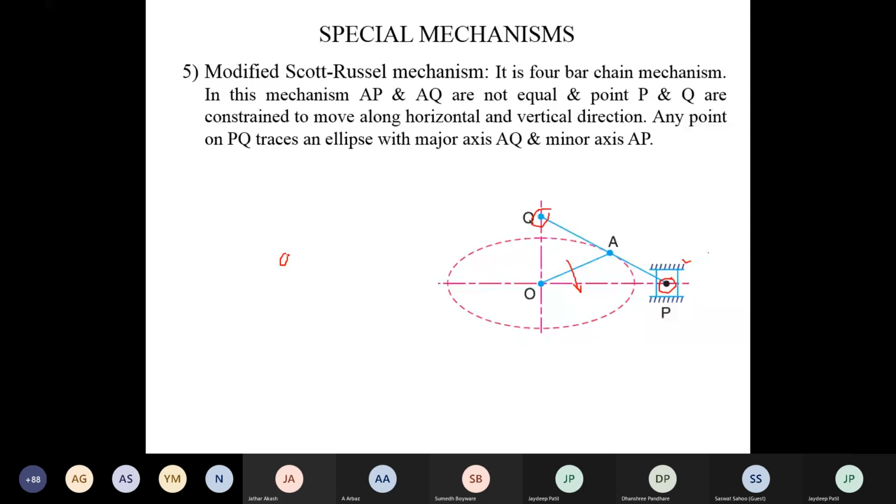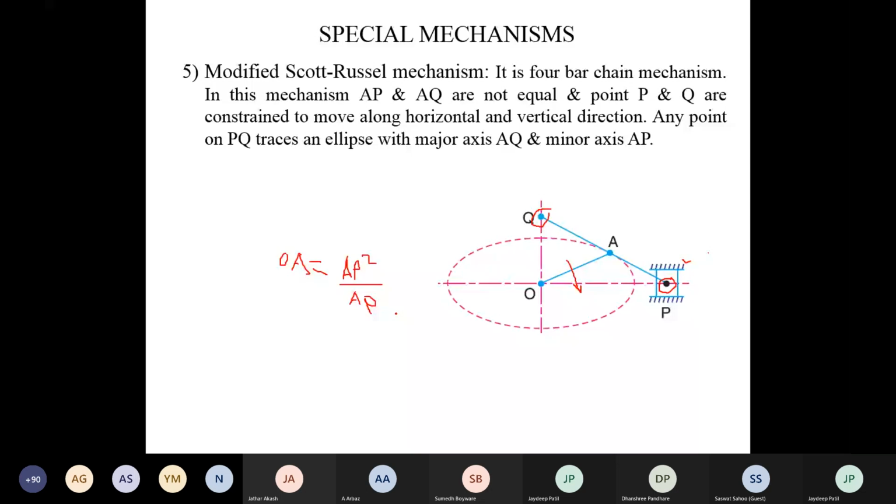The length of OA is fixed here. You have to maintain the length of OA equal to AP square upon AQ.